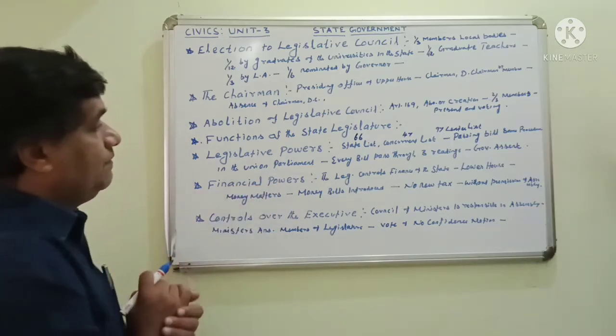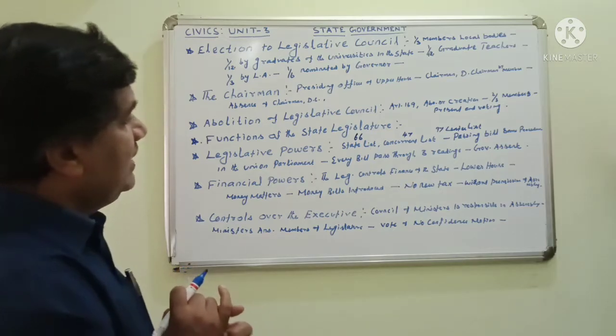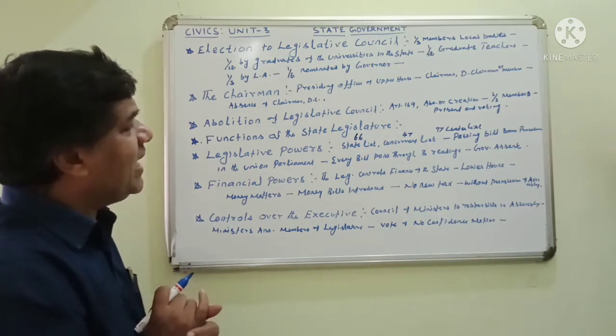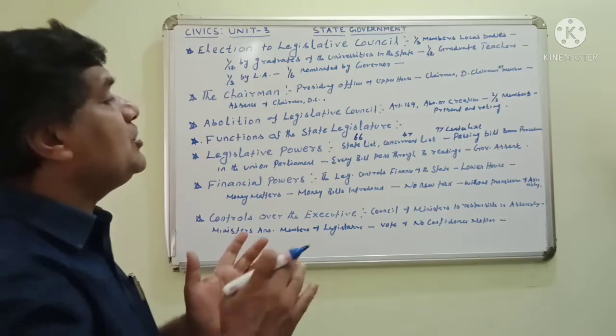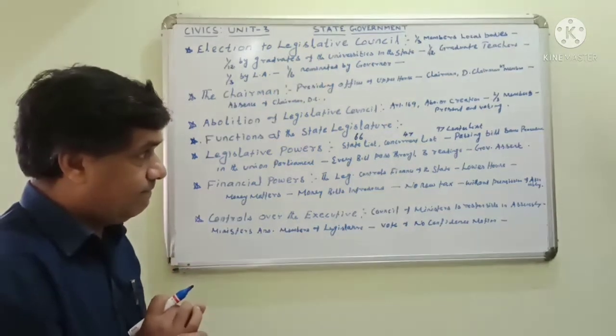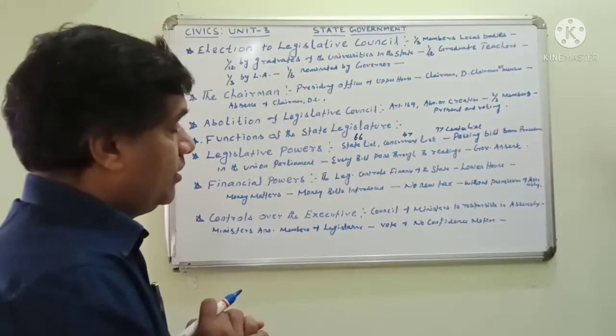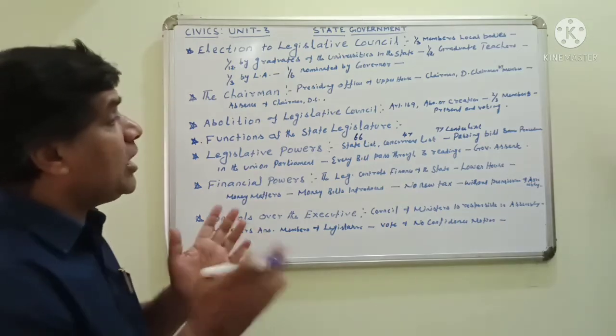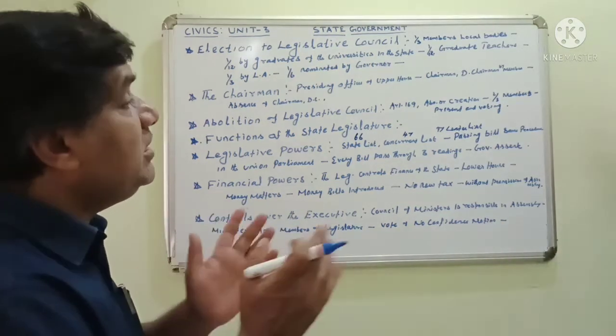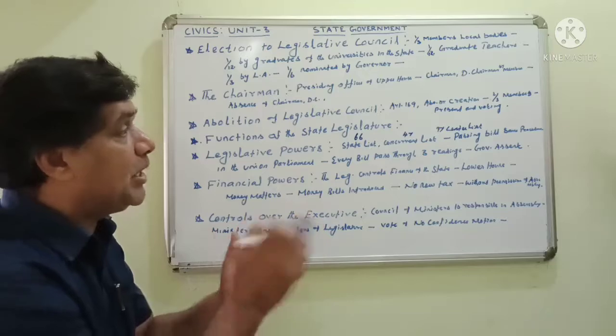Financial powers. The legislature controls the finance of the state. The lower house has more power in all money matters compared to the upper house.